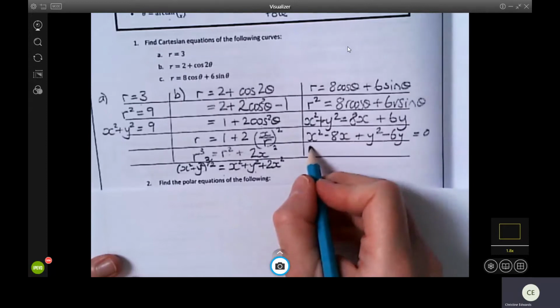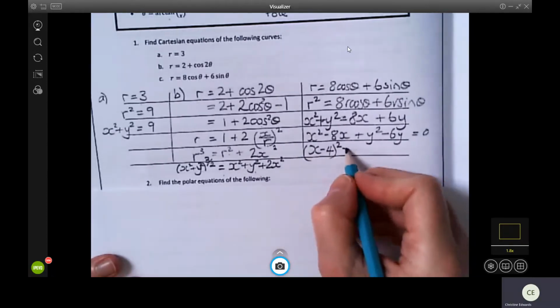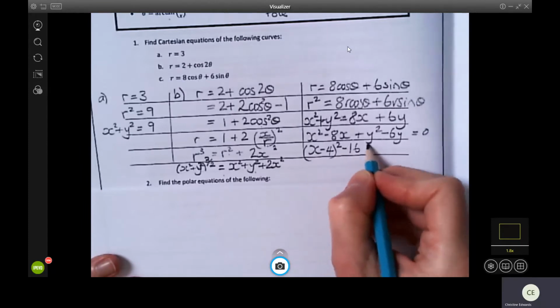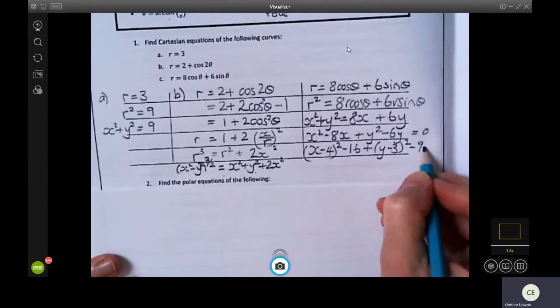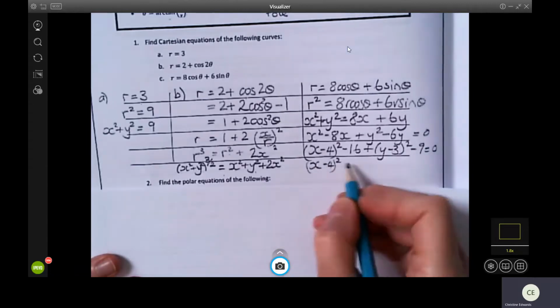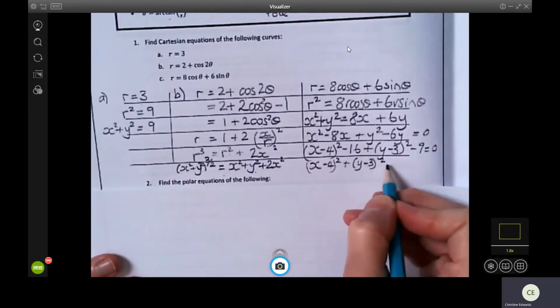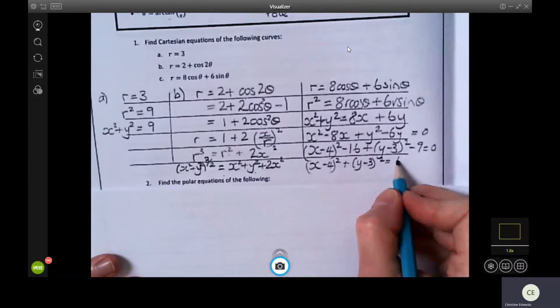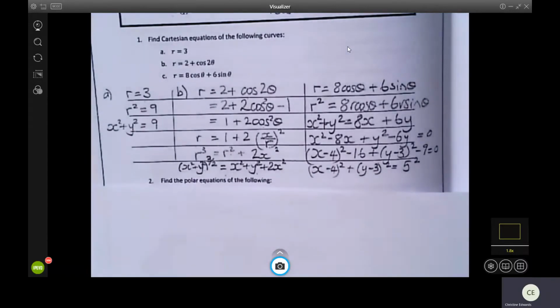Completing the square, x minus 4 squared minus 16 plus y minus 3 all squared minus 9 equals 0. x minus 4 squared plus y minus 3 squared equals 5 squared. And so I have a circle, centre at (4, 3) with a radius of 5.